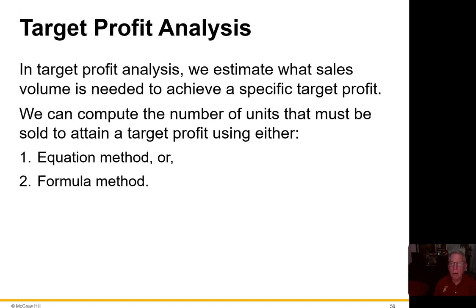So here we estimate what sales volume is needed to hit a specific target profit. We can compute the number of units that must be sold to attain that target profit by either using the equation method or the formula method.